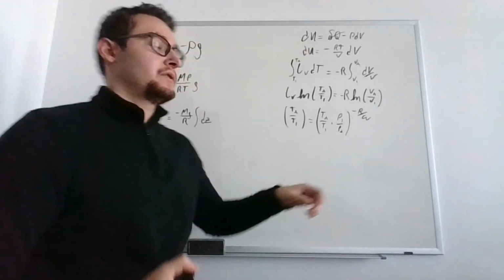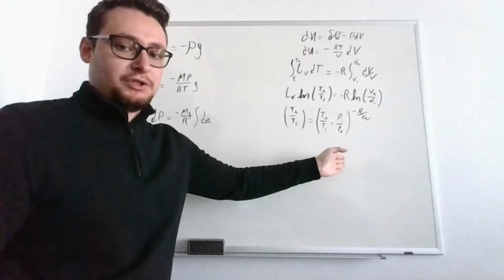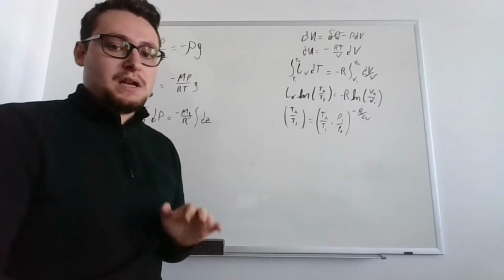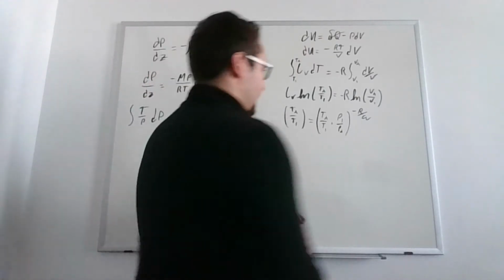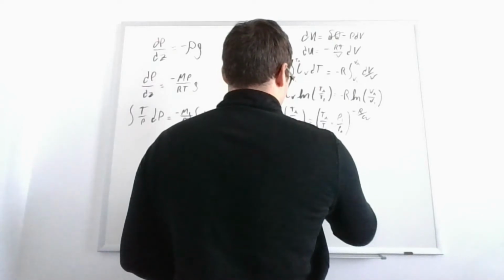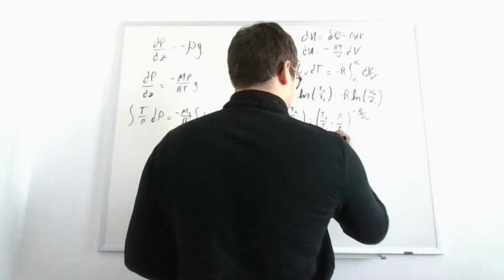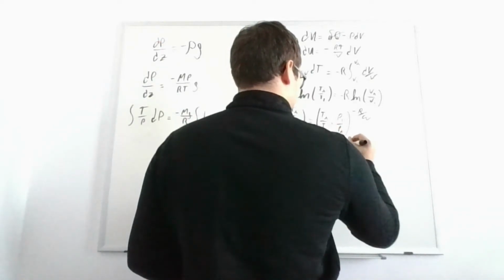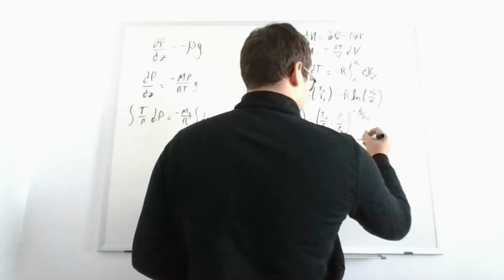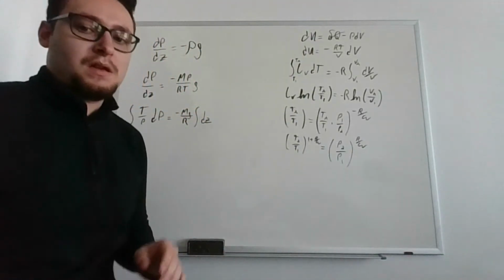So now we just need to move over this T value to get T's relationship to P real quick, and also to sort out this exponent. So give me a second to do that. Okay, two things.